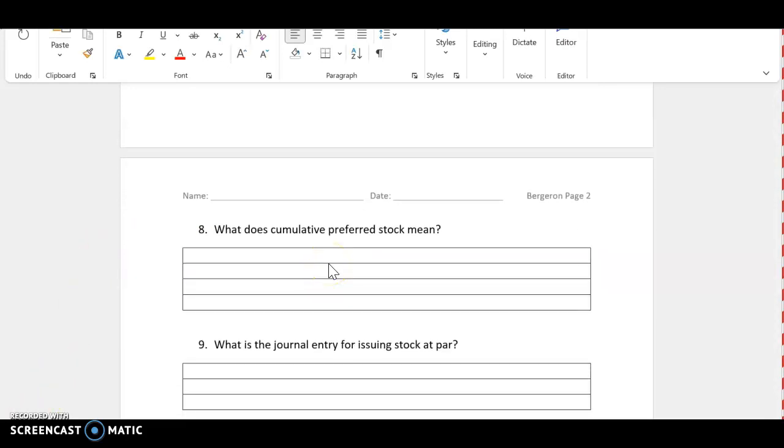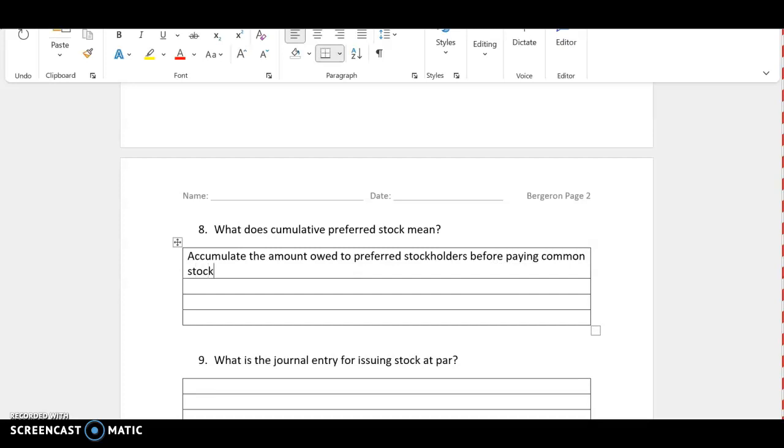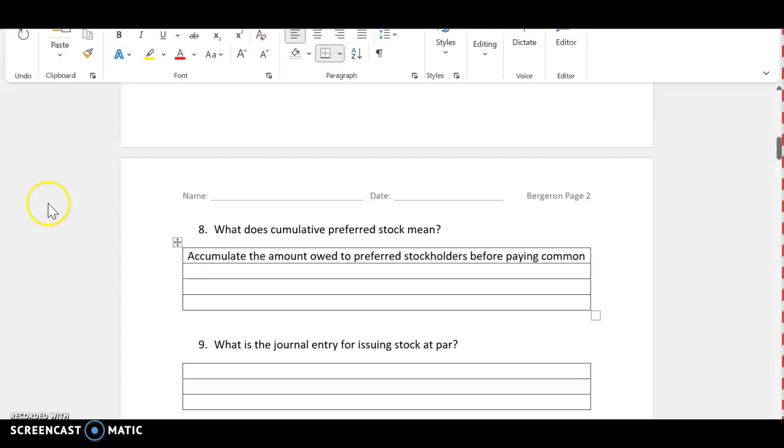What does cumulative preferred stock mean? This just means if we don't pay it all in 1 year, we'll pay them when we do pay out dividends. So this is what gives us those dividends in arrears. So we accumulate the amount owed to preferred stockholders before we pay the common stockholders dividend.